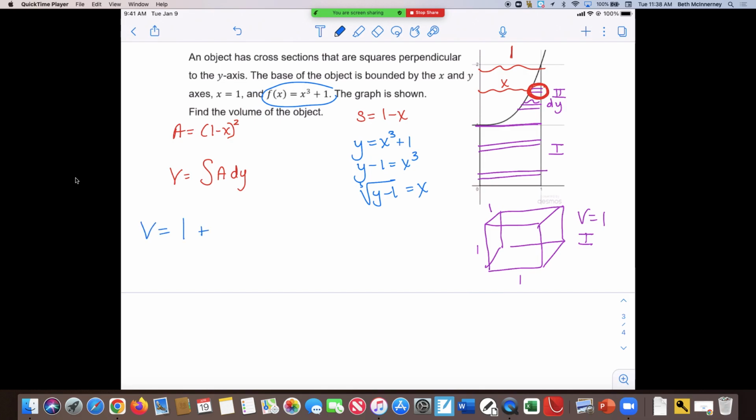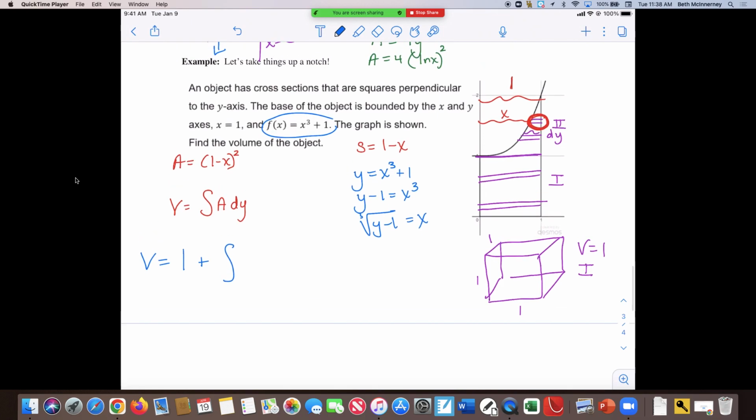So I've got my 1 from region 1, that was my cube, plus. Now what are the limits of integration on this region 2, if I'm doing it in terms of y? It's 1 to 2, right?